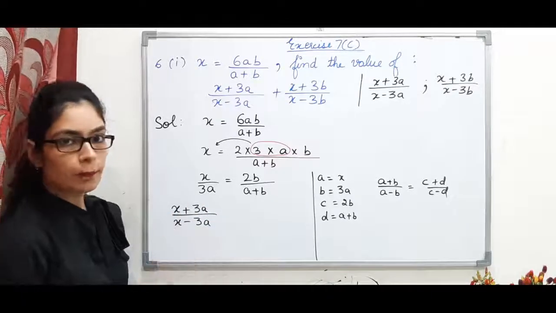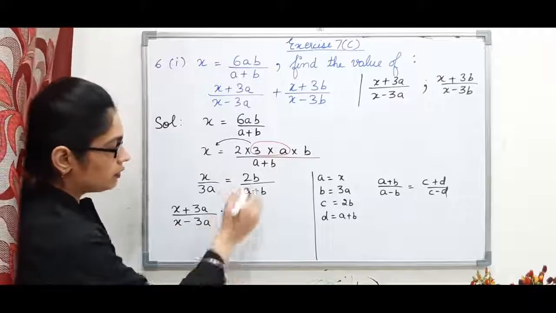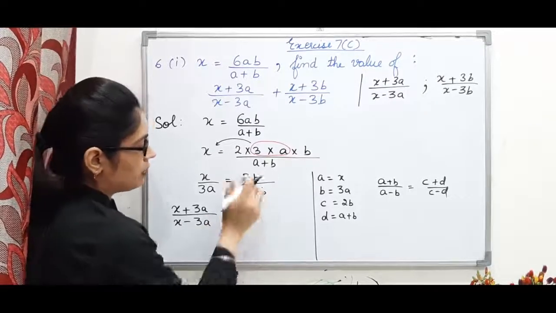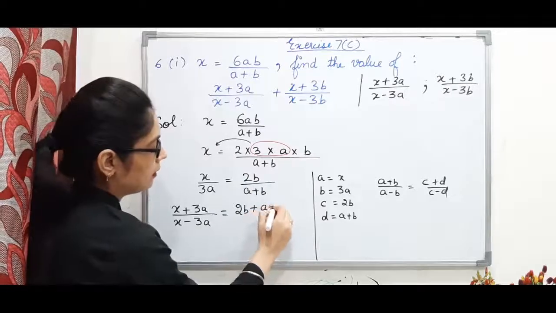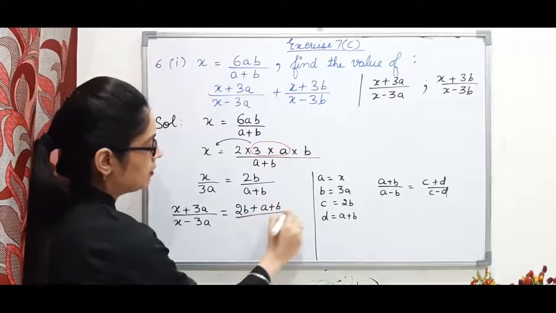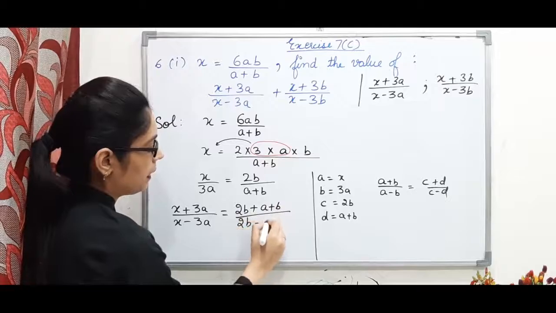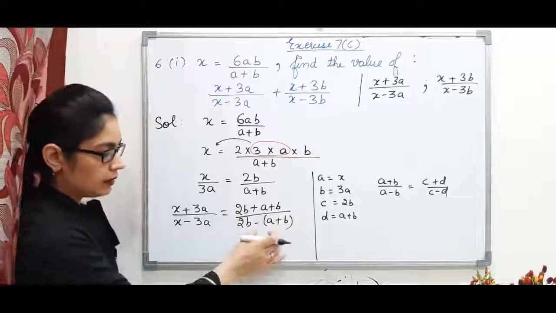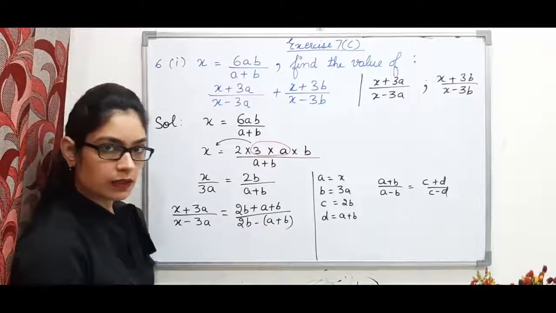I have applied componendo and dividendo, so both the sides we have to apply. This side also let's apply 2b, which is the c, plus d, d is a plus b, so 2b minus a plus b.